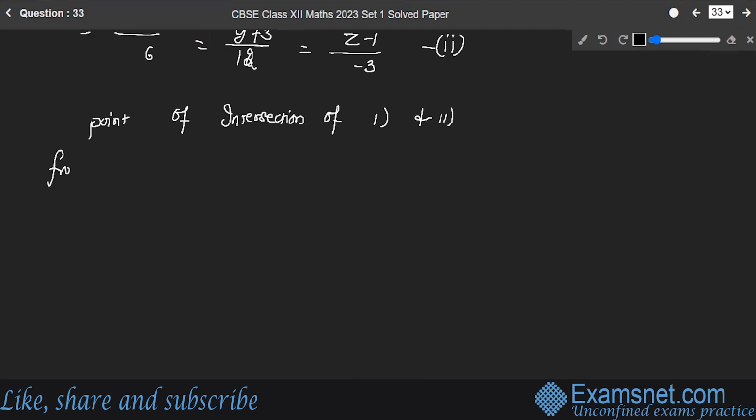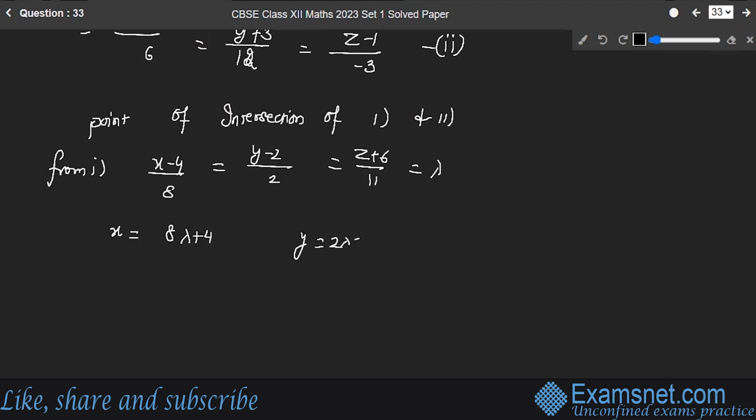So from 1, you had (x − 4)/8 = (y − 2)/2 = (z + 6)/11 = some lambda, say. So here you have x = 8 lambda + 4, y = 2 lambda + 2, and z = 11 lambda − 6.